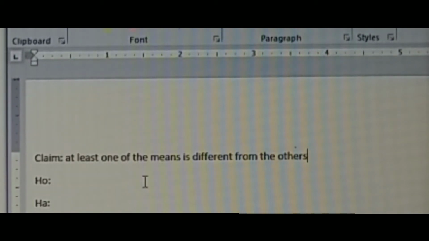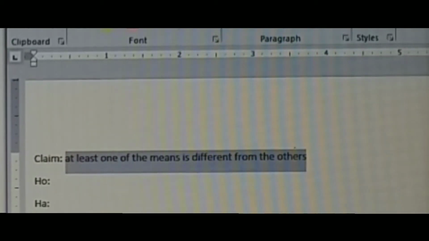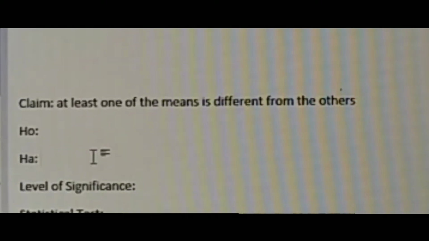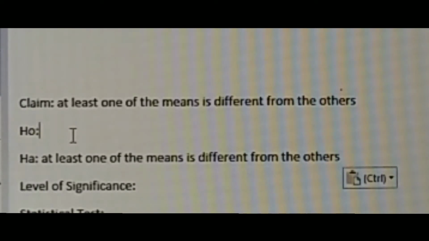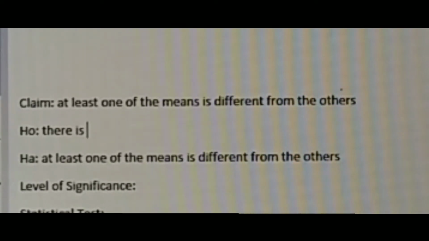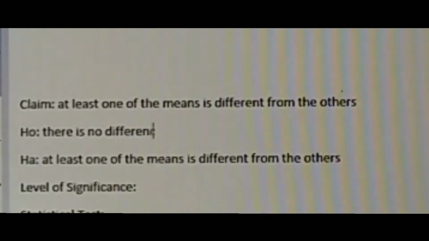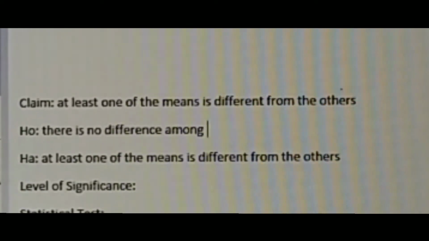So for this problem, our claim will be put in HA. Let us copy that and paste it here. So for our H0, there is no difference among the means.